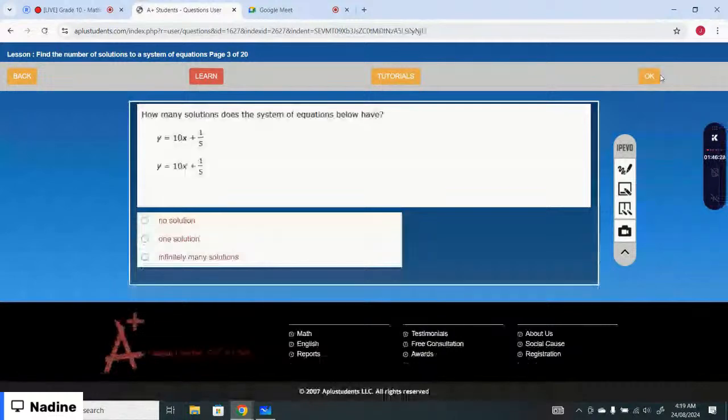Okay, how many solutions does the system of equations below have? y equals 10x plus 1 over 5.